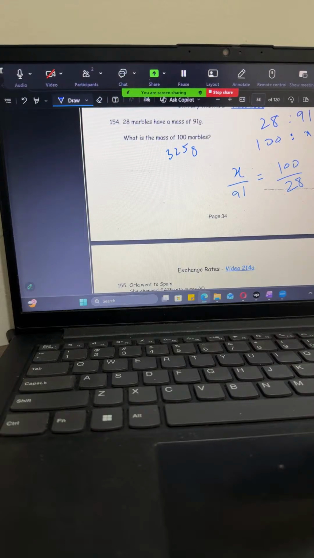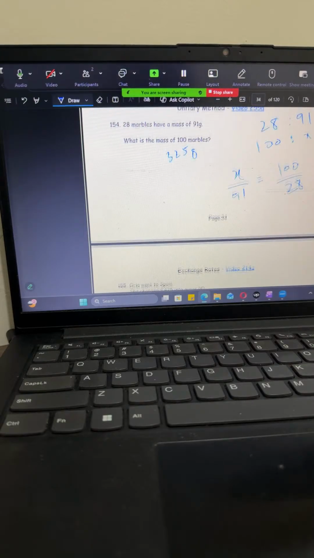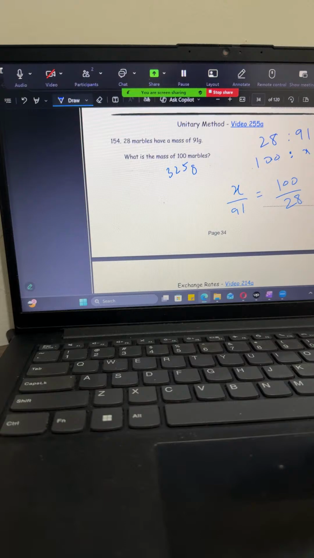Okay, let me tell you how I did this question once again. You can see the ratio between marbles and mass is 28 to 91, right? Yeah. We now have 100 marbles and we want to find their mass. So let's replace it with x. We know that 28 is to 91, but we want to find 100 to x.